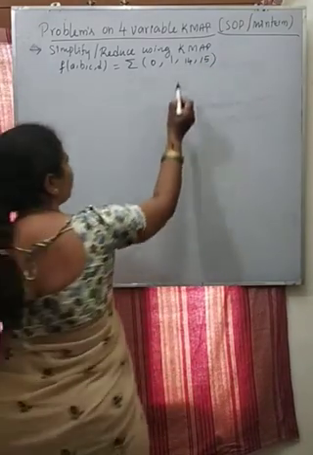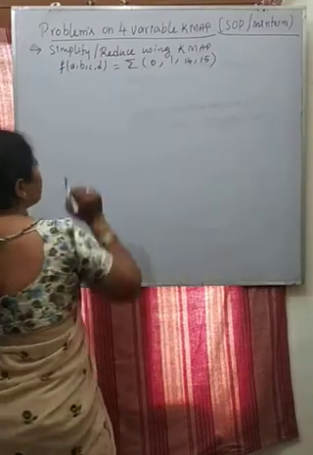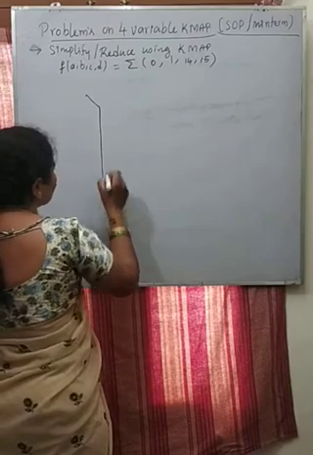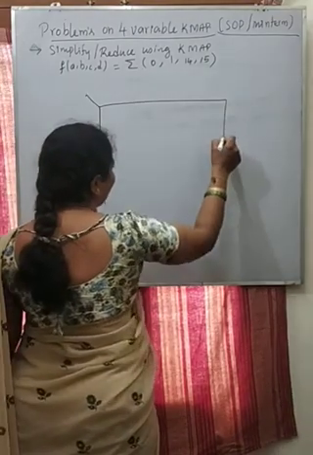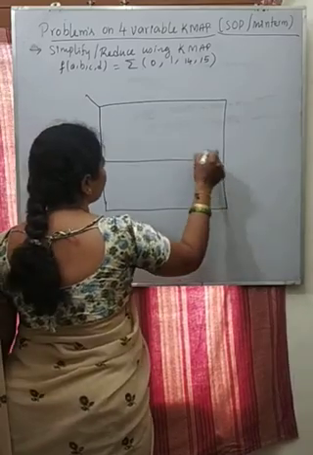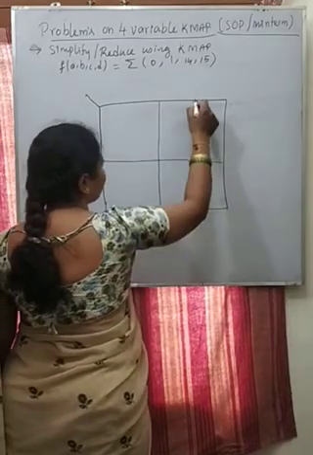See here, 14, 15 is there, so it belongs to a 4 variable map. Draw the 4 variable KMAP.